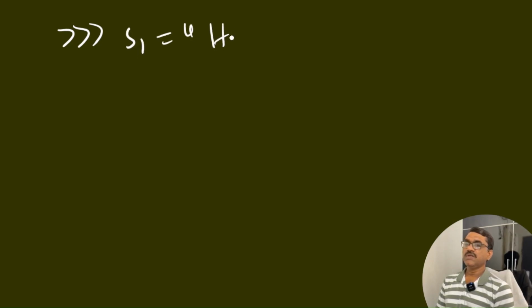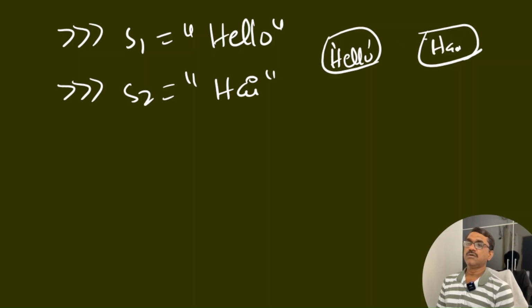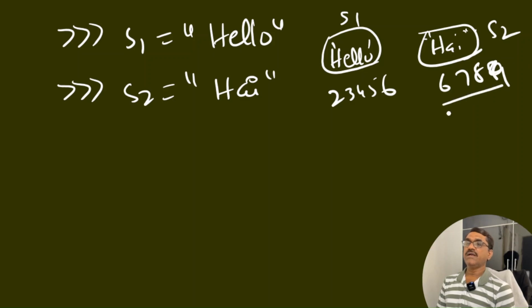Similarly, if you take a variable s1 equals hello, and next s2 equals hi, here we are using two objects. This is hello and this is hi. Are the strings the same? No. The label for this is s1, and the label for this is s2, and each one is going to have a different ID. Assume that these are the IDs.